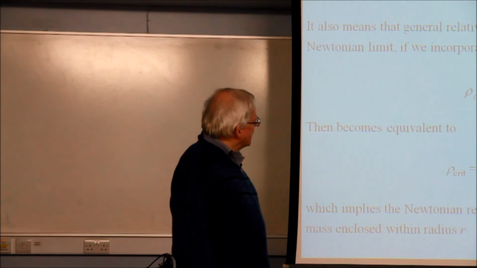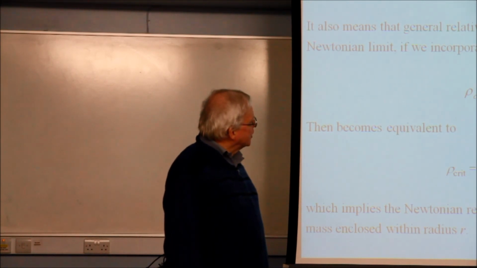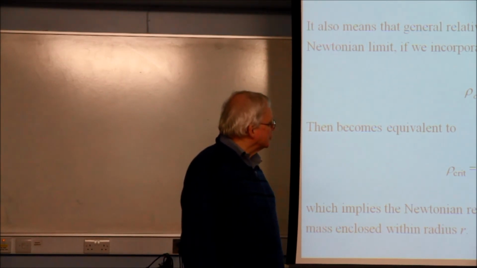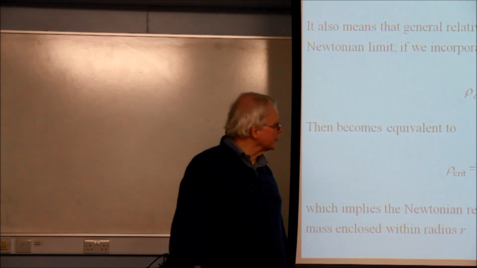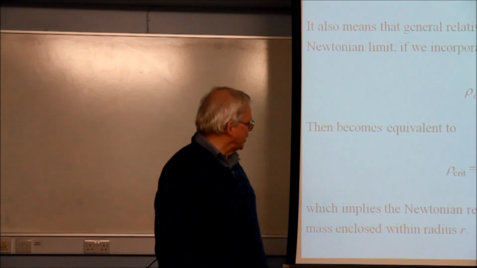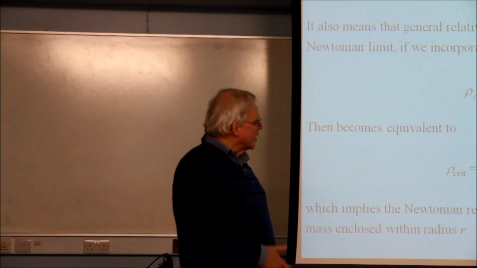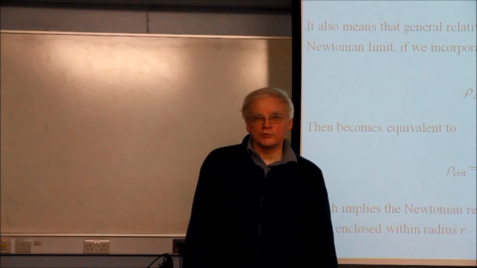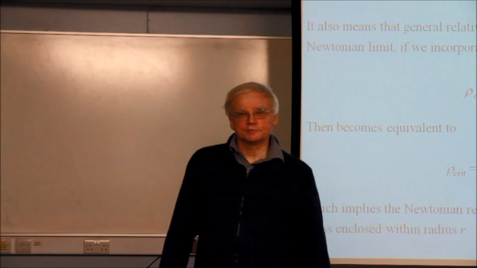So this is the critical density. We've got 3H0 squared over 8 pi G. Then it simply becomes equivalent to 3v squared over 8 pi G r squared. And if you just rearrange that equation, you'll find it's just basically the Newtonian equation, GMm over r equals half mv squared.